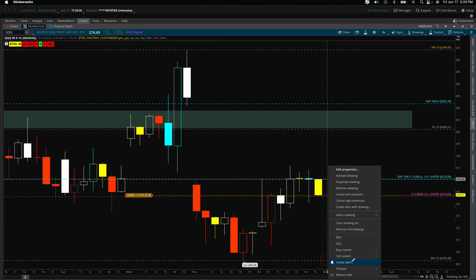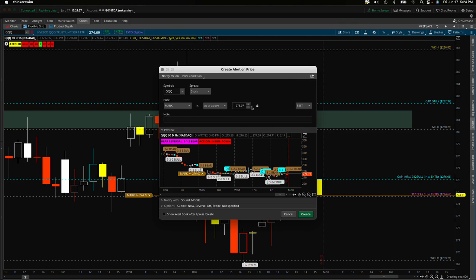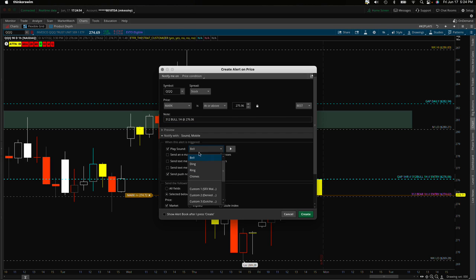And we'll set an alert here as well. We'll say 275.96. 312 bull 1 hour at 276.06.